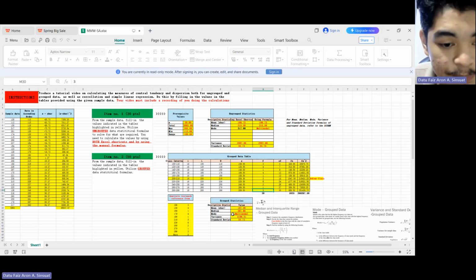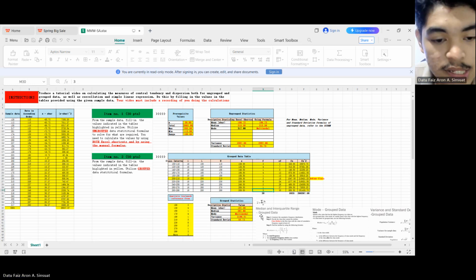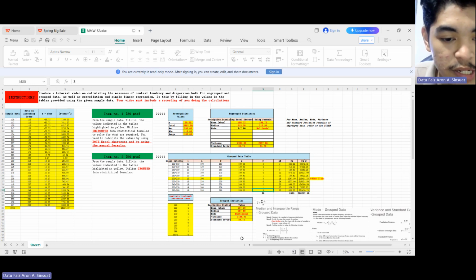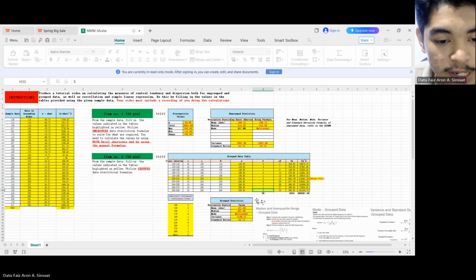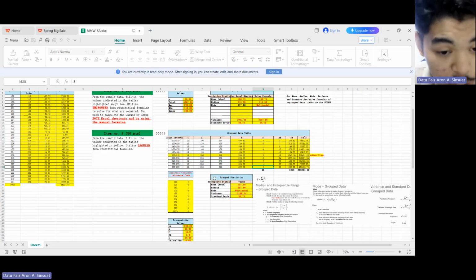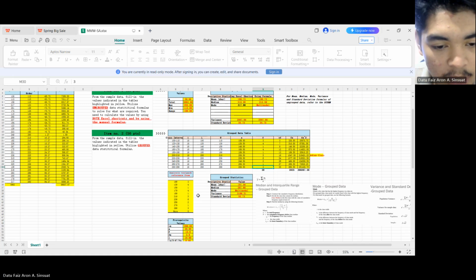Select two columns, type CORREL, first range and the second range, and then press enter. Additional step, make a scatter plot to show the relationship. Correlation closer to the ends, -1 or 1, means a stronger relationship.